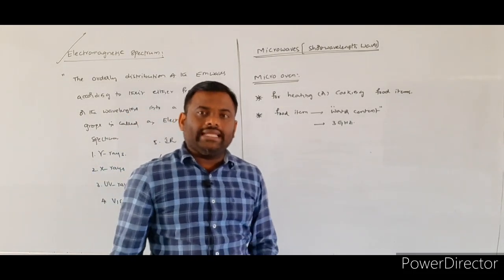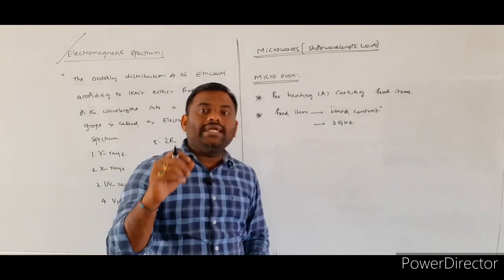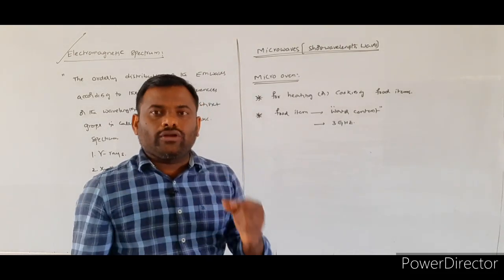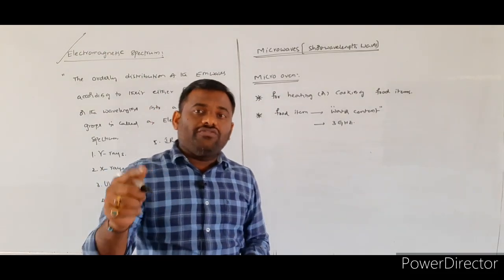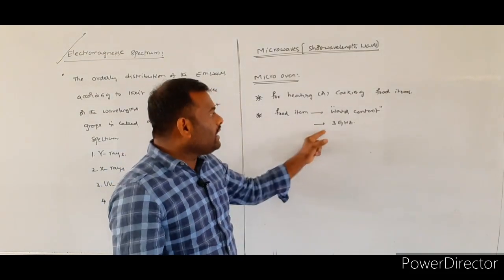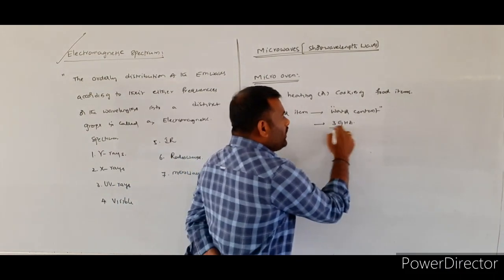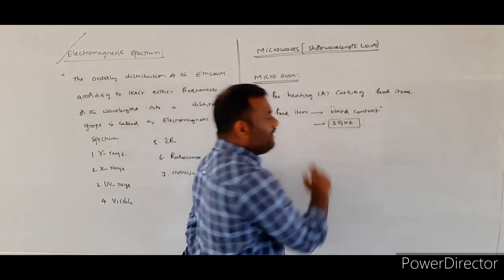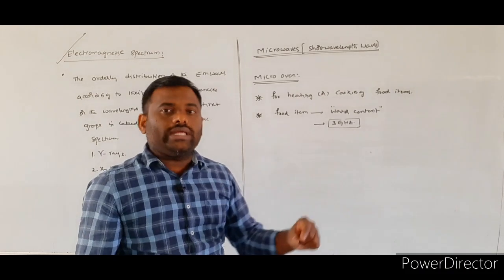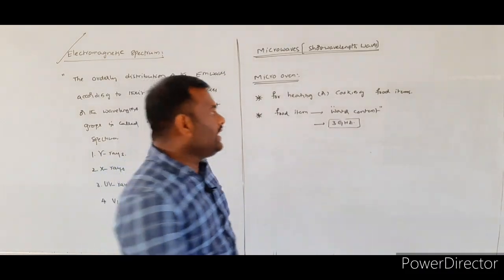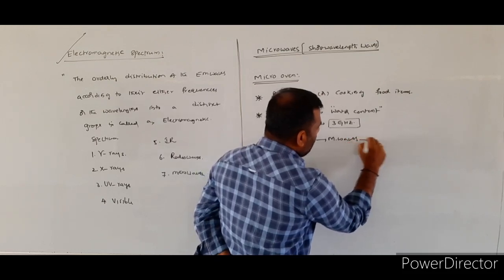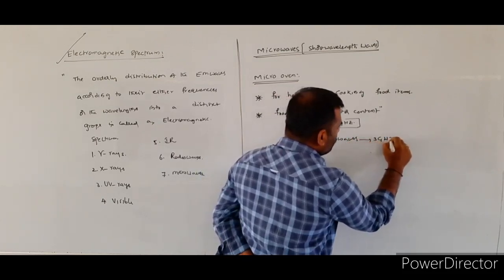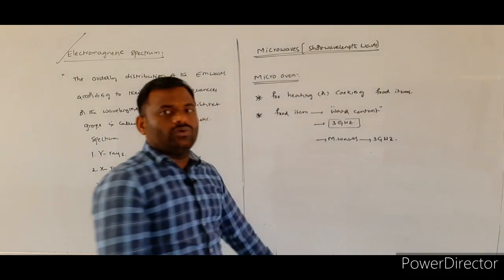Which type of waves do we have to choose? We already know that water molecules have a frequency of 3 gigahertz, so we also send microwaves whose frequency is equal to 3 gigahertz only.